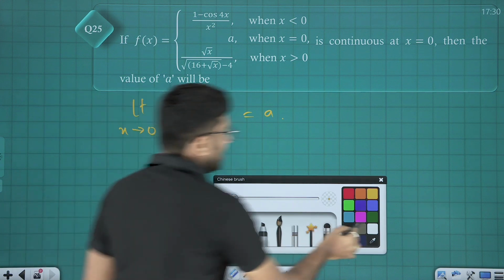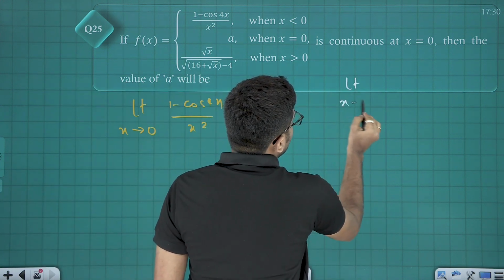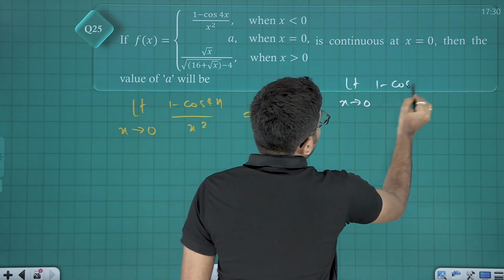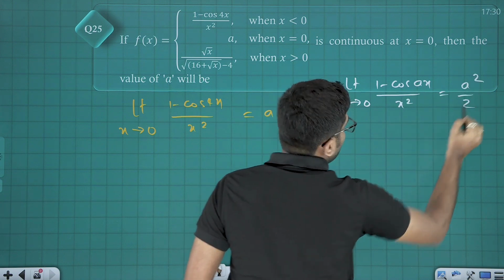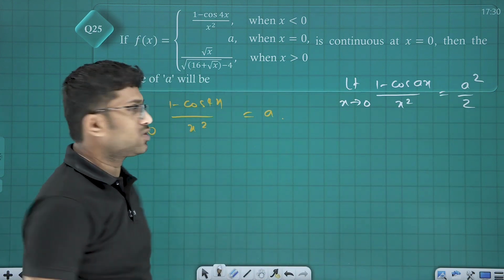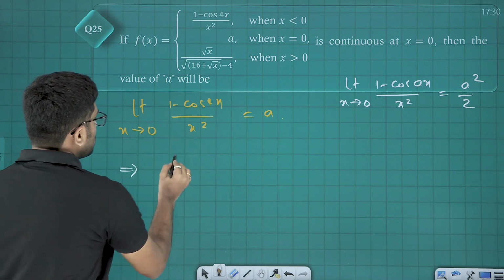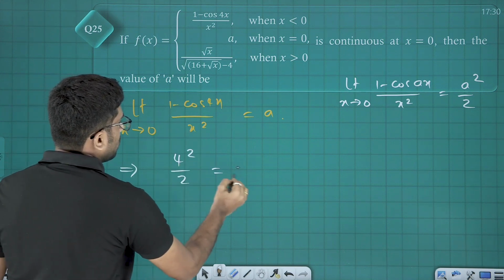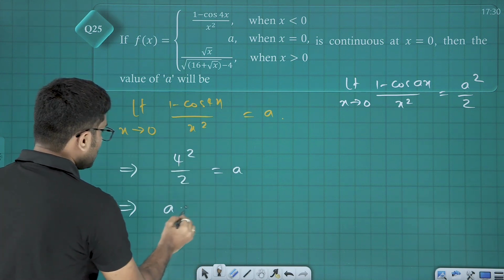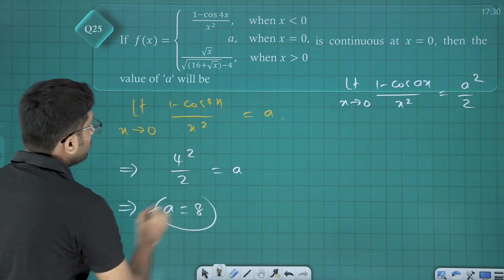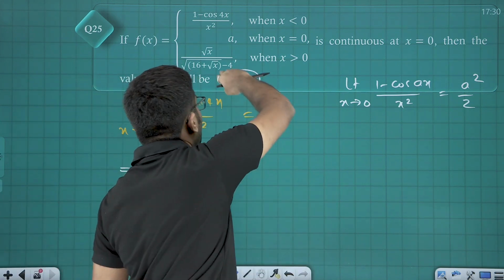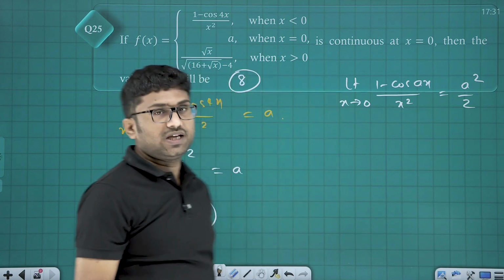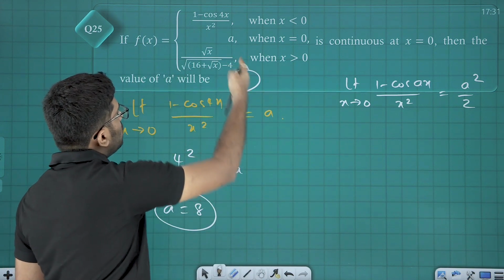Already we know the standard formula friends: limit x tends to 0, (1 minus cos ax) by x square is a square by 2. Or if you don't know this, you can use L'Hospital rule also. So 4 square divided by 2 is equal to a. So clearly a is equal to 16 by 2, which is 8. A will be 8 friends. We can use RHL also. Anything is fine. If you use RHL, you have to rationalize it.